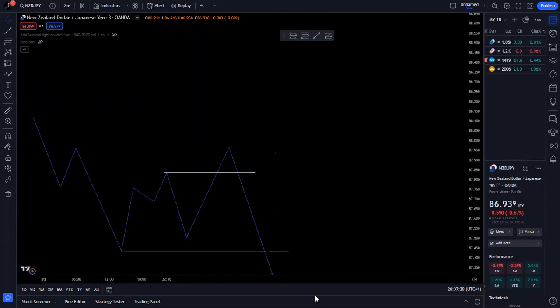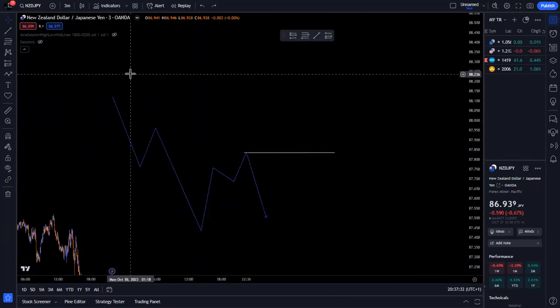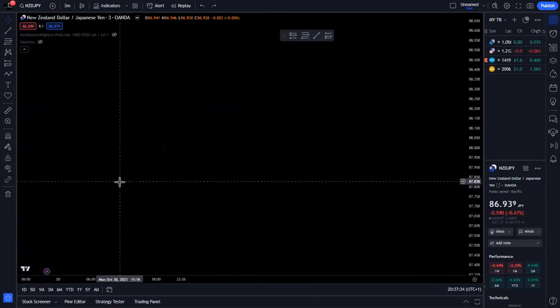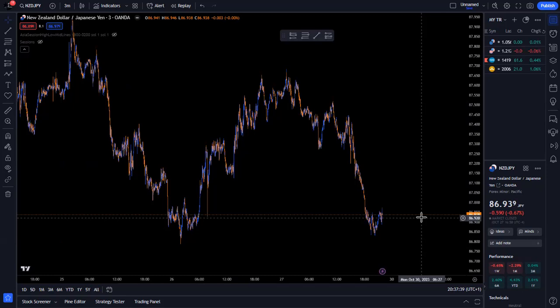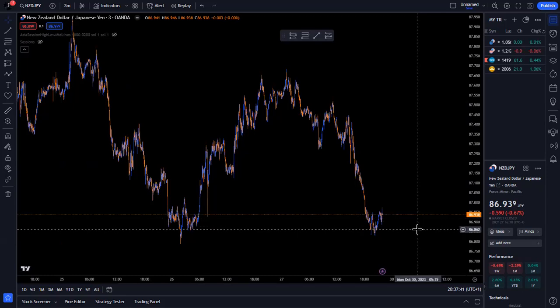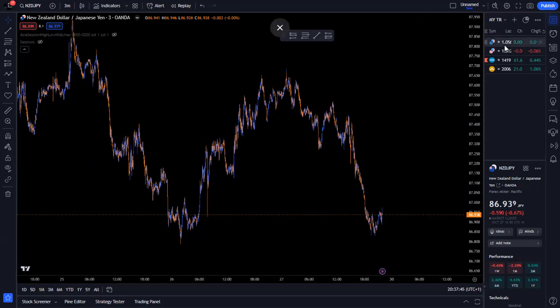When trading liquidity, you just need to understand where liquidity lies on the chart. You need to be able to identify the liquidity, because if you don't, you will most likely be used as liquidity, and trust me, you do not want to be used as liquidity.